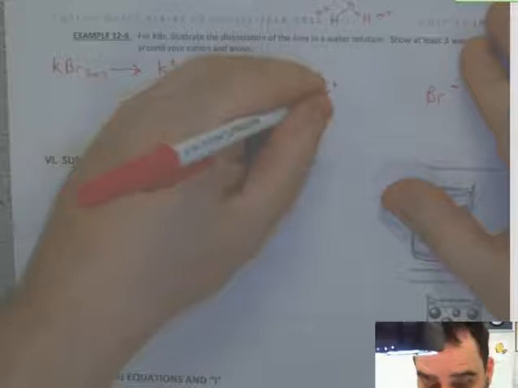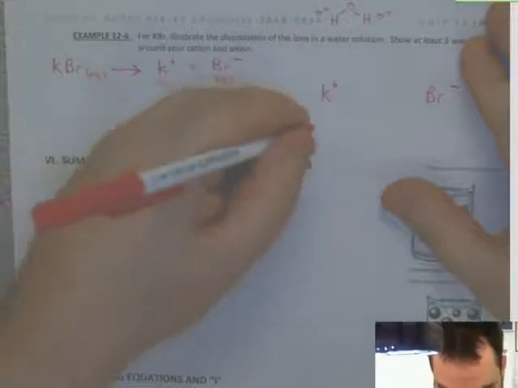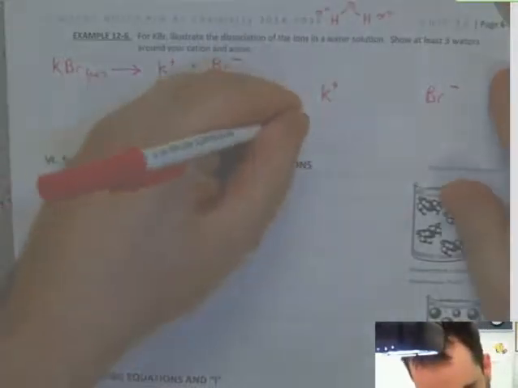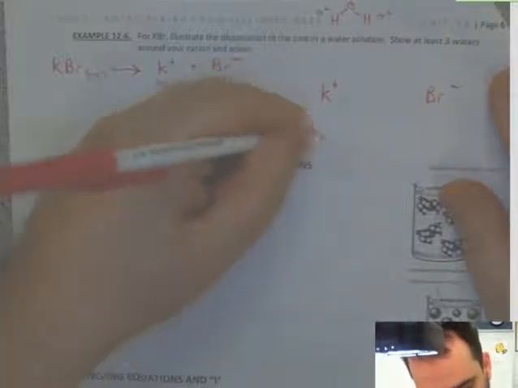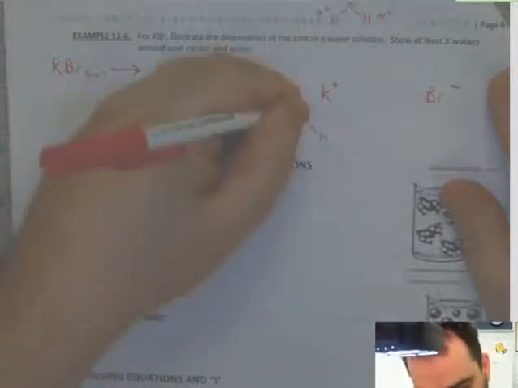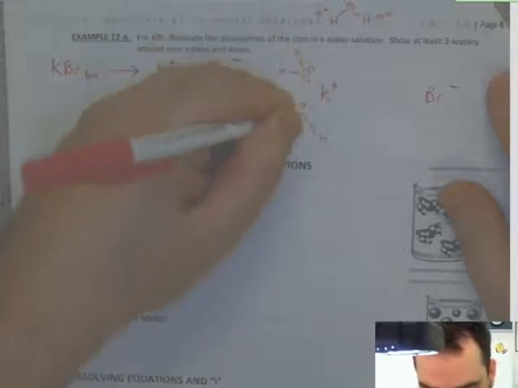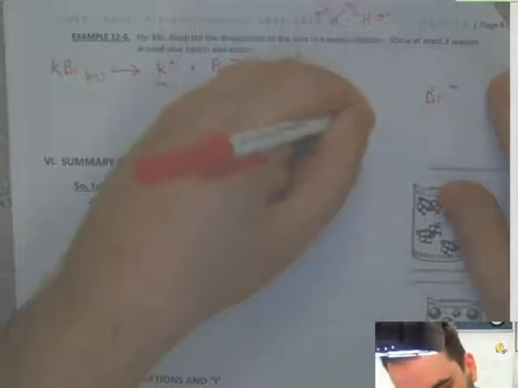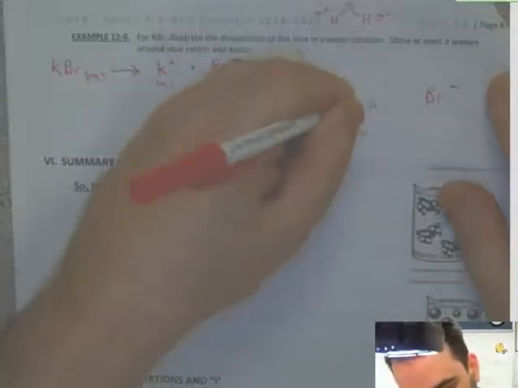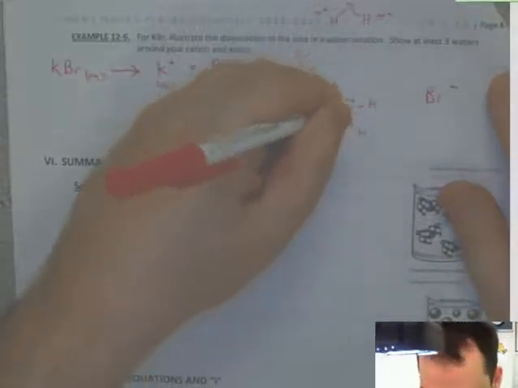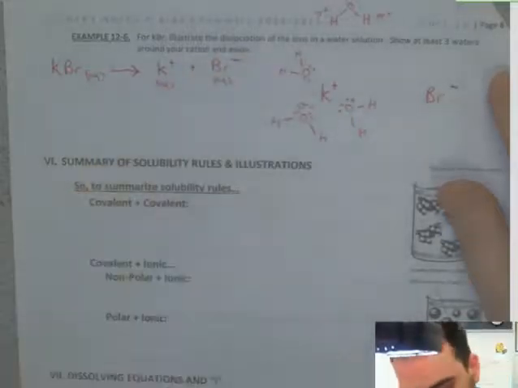So since K is positive here, the oxygens are all going to be arranged around the potassium, like this. Notice that there are no hydrogens on my potassium, because that would be positive and positive, and that don't work.